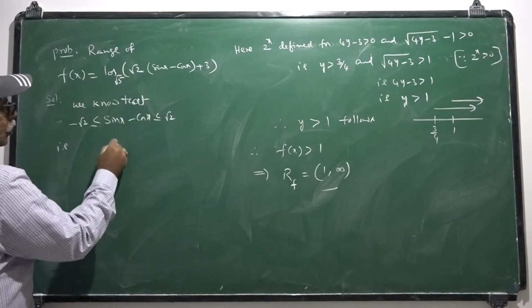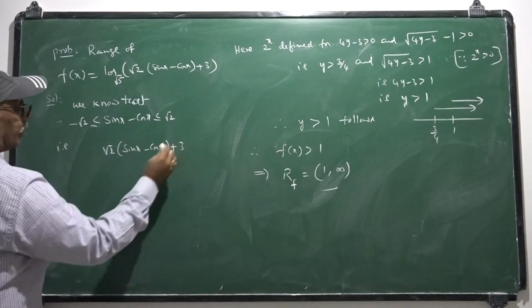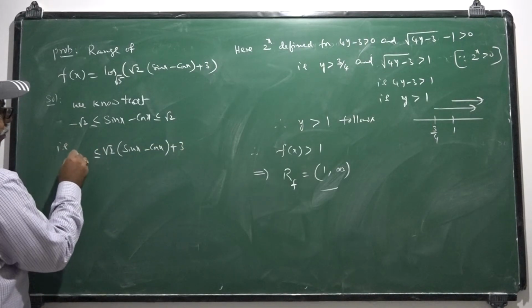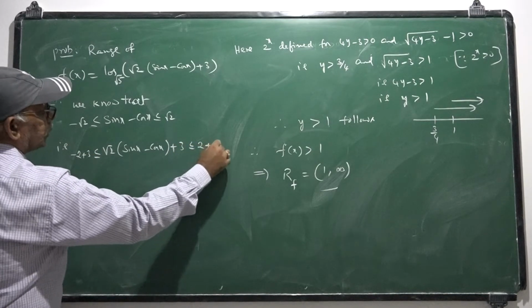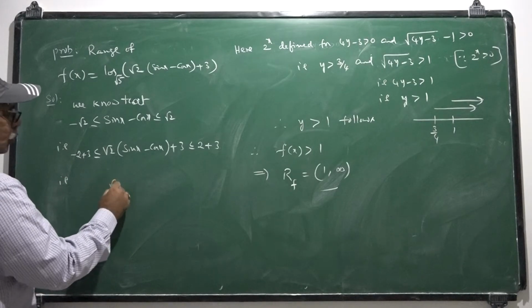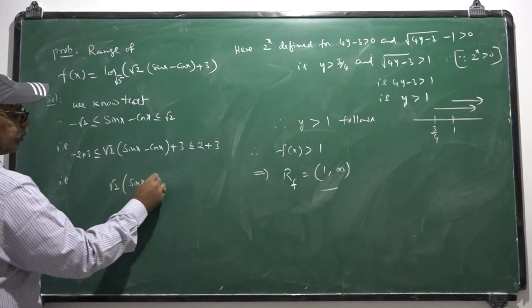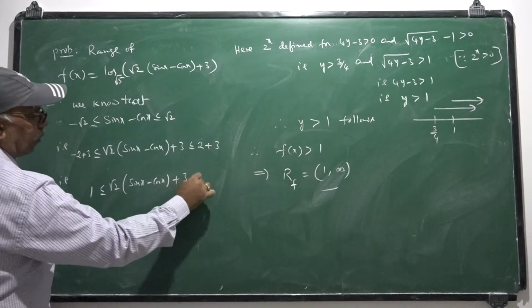So root 2 into (sin x minus cos x) plus 3 lies between minus 2 plus 3 and 2 plus 3 itself. That gives us root 2 into (sin x minus cos x) plus 3 always lies between 1 and 5.